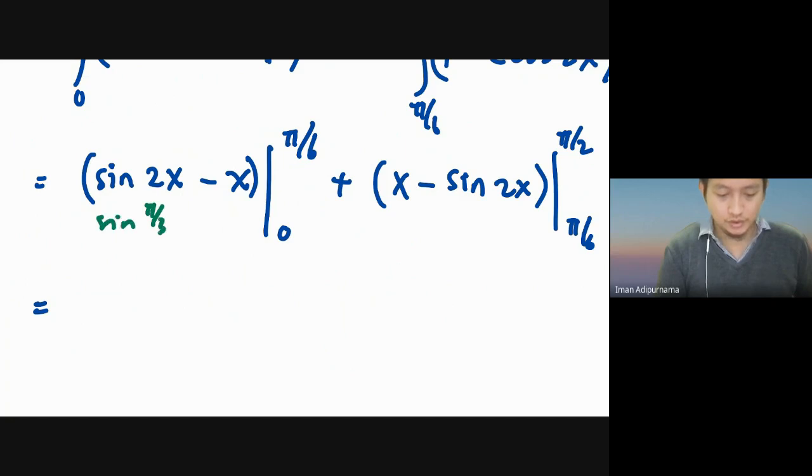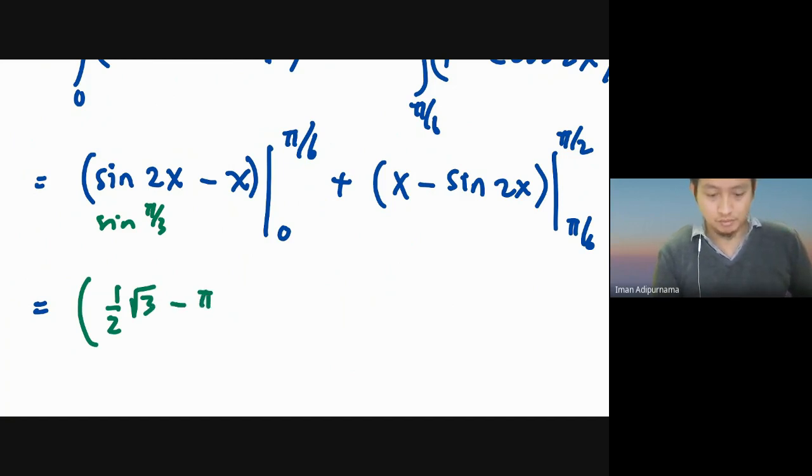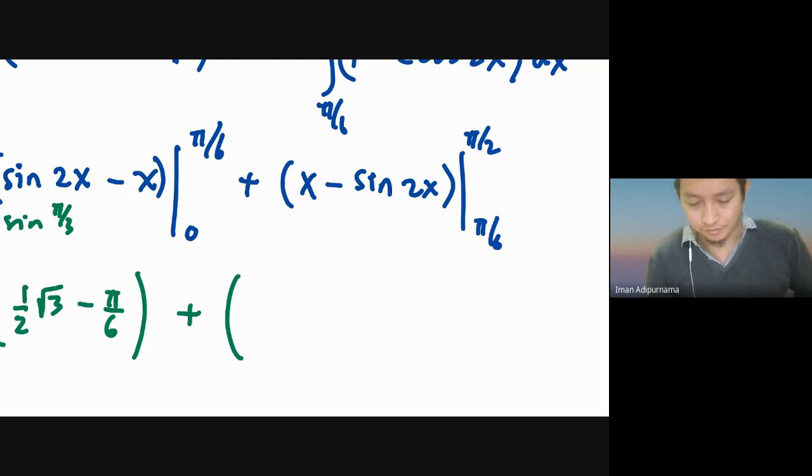Sine pi over 3 is half of square root of 3 minus pi over 6, and the rest will be 0, and then plus pi over 2, sine pi is 0, so 0, and then minus pi over 6.